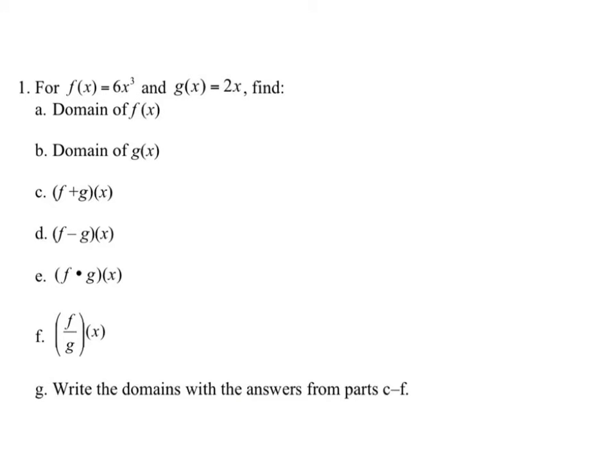And in this function, for f of x, it's cubic, so my domain is all real numbers, and then I have a linear function, so it's also all real numbers. So first I'm told to add these two functions, which is pretty simple. No like terms, so that's as nice as it can be. I see down here in part G it's going to tell me to state the domain, so it's the intersection of my two domains, so it's still all real numbers.